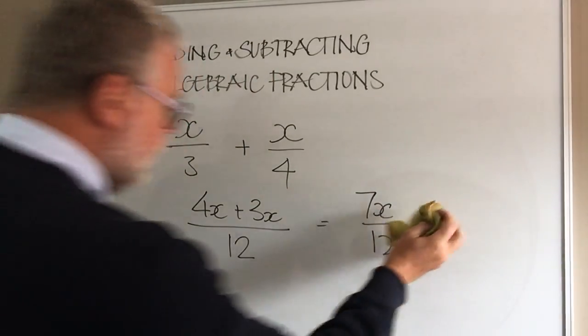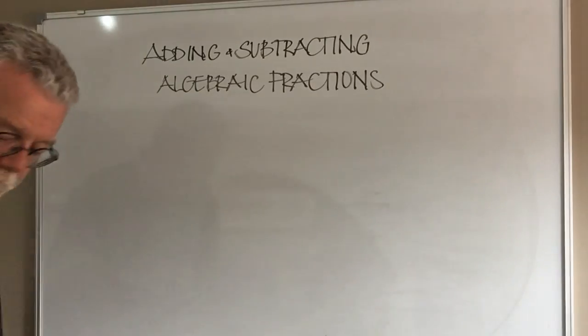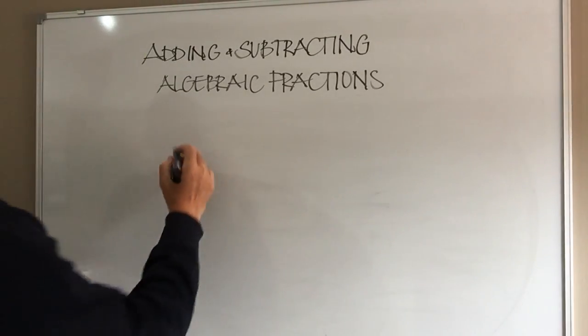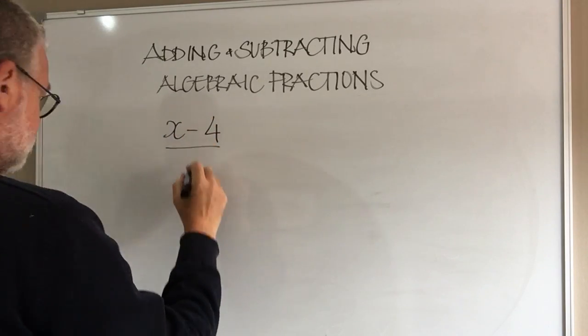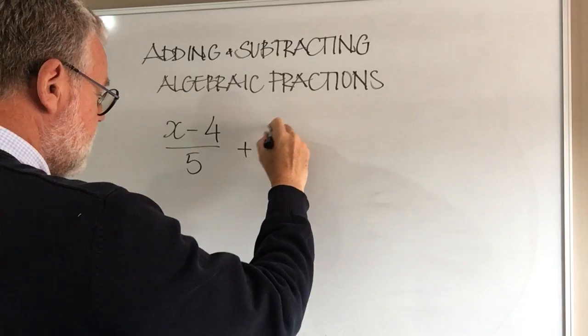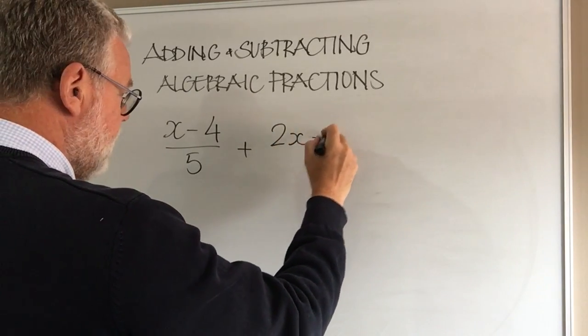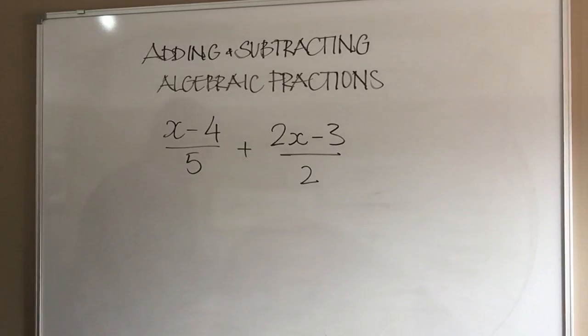Okay, let's have a look at a second slightly more challenging example. So let's have a look now. We've got x minus 4 over 5 added to 2x minus 3 over 2. Remember what we're doing?